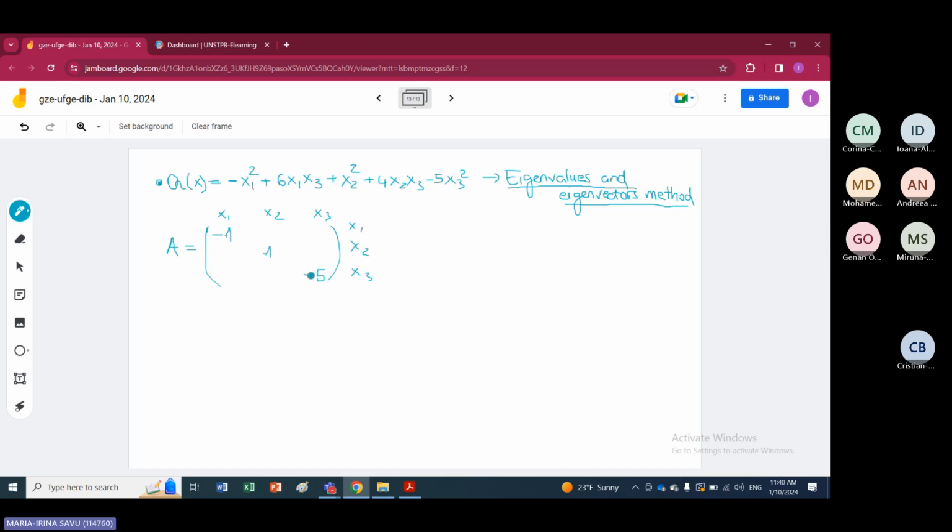Here, 0 and 0, because you don't have x1 x2 here. Then here 3 and 3, because this is 6 and you have to divide by 2. And here and here, 2 and 2.